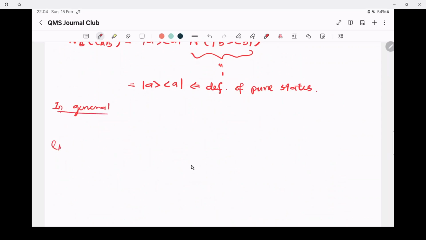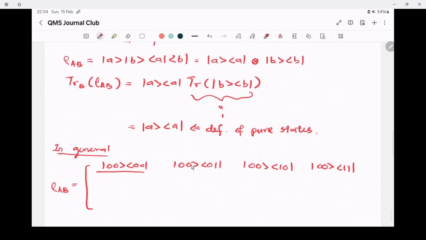So let's say you have a 2-qubit density matrix. If you really try to compute the whole matrix form, you will see that this particular entry is starting from 0 0, and then 0 0 0 1, 0 0 1 0, 0 0 1 1. So if you can't see why, you try to let 0 0 be equal to this, up until 1 1. It should be 0 0 0 1.